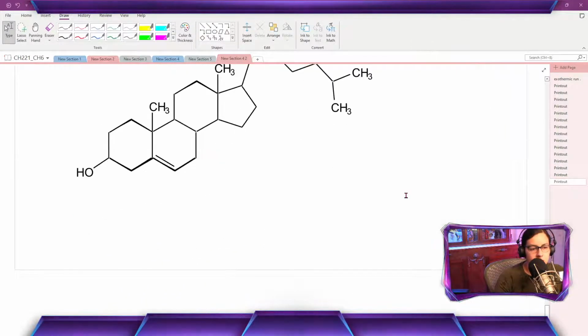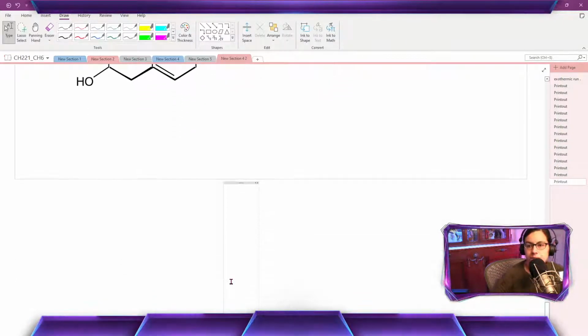Let's do another fun one. Let's draw the structure of 2,4-dinitrophenol.